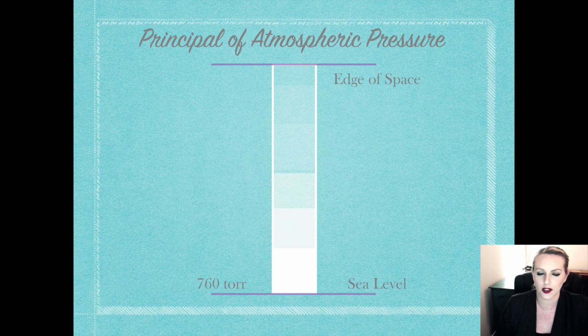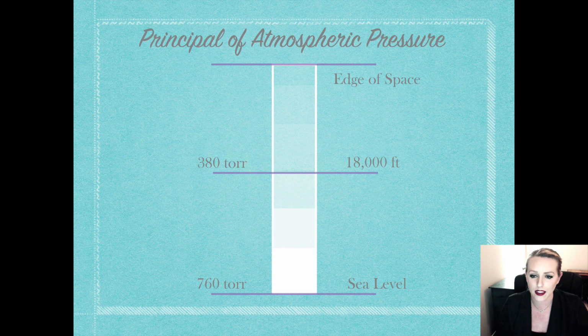Just the same measurement, just a different name for it. What we need to notice from this diagram is that it is more dense the closer we get to sea level. There is more pressure the closer we get to sea level. By the time that we get about halfway to space, about 18,000 feet, the pressure is only 380 torr. So the higher up you go, the less pressure you have.